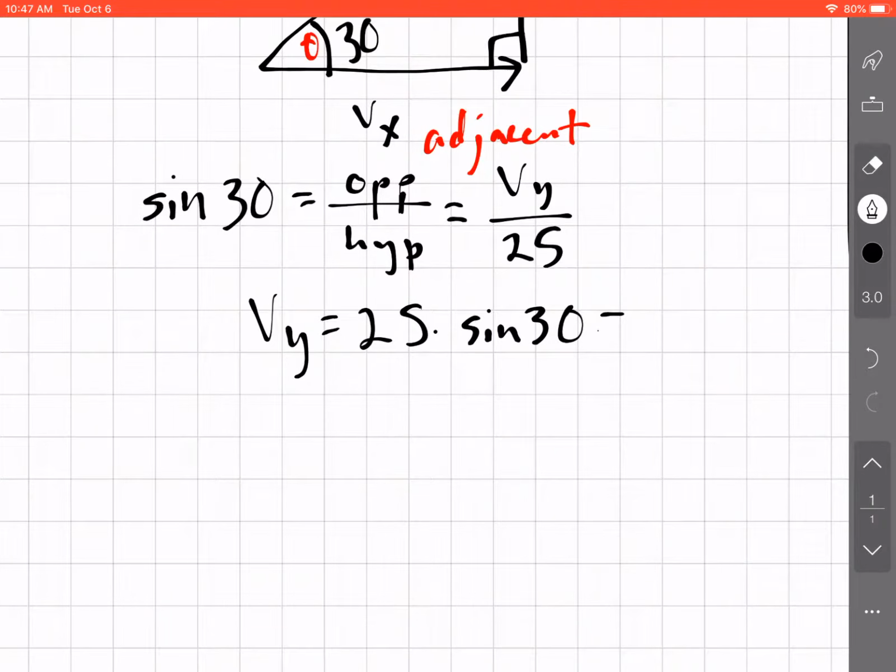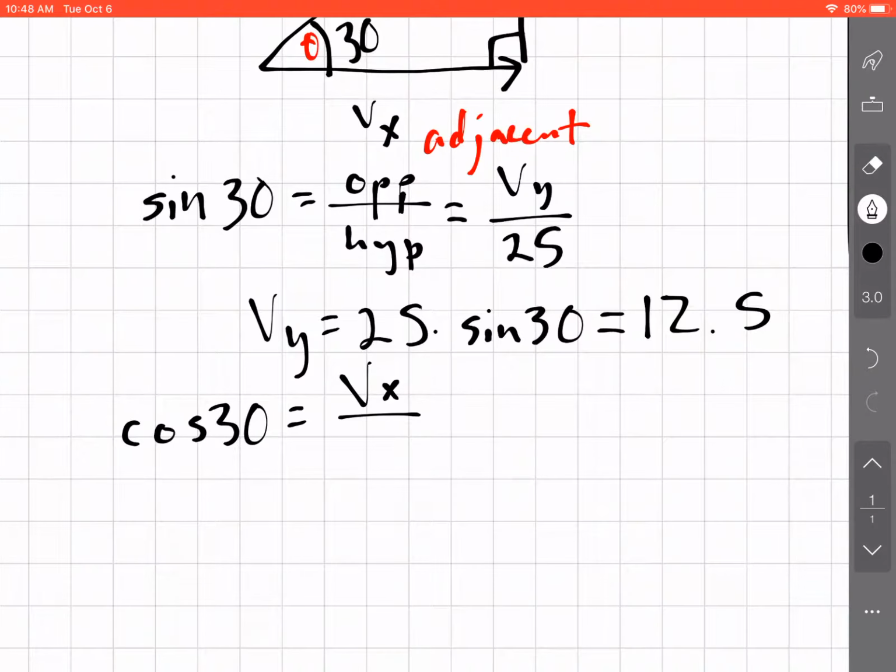And we could type this in. Let me grab my calculator out here. We take 25 times sine of 30, and you get 12.5. So that would be my y component, sorry. Now, if we set up cosine of 30, that would be the adjacent, which is x, over the hypotenuse, which is 25.